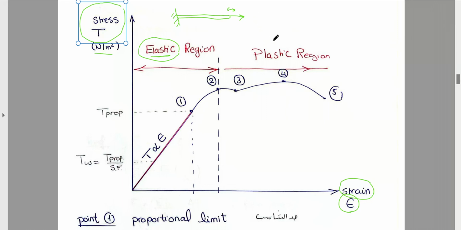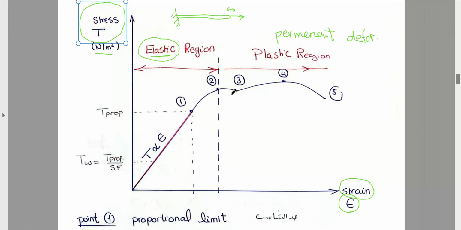That's why in the plastic region we have permanent deformation. Although you removed the stress, the rod didn't go back to its original length.